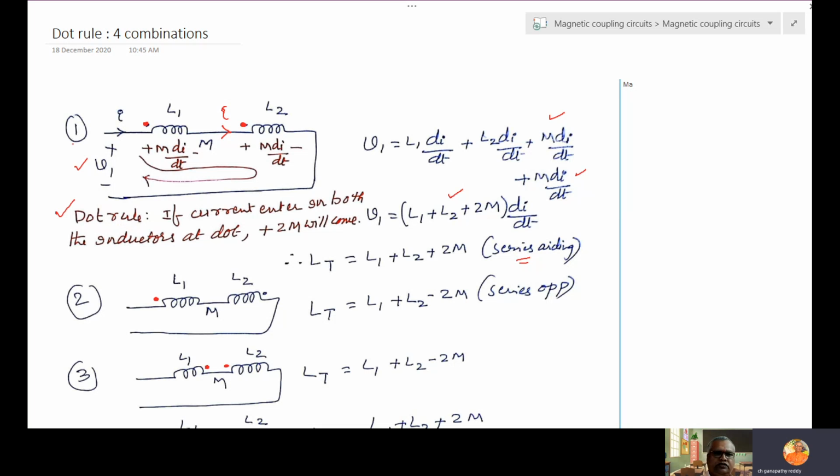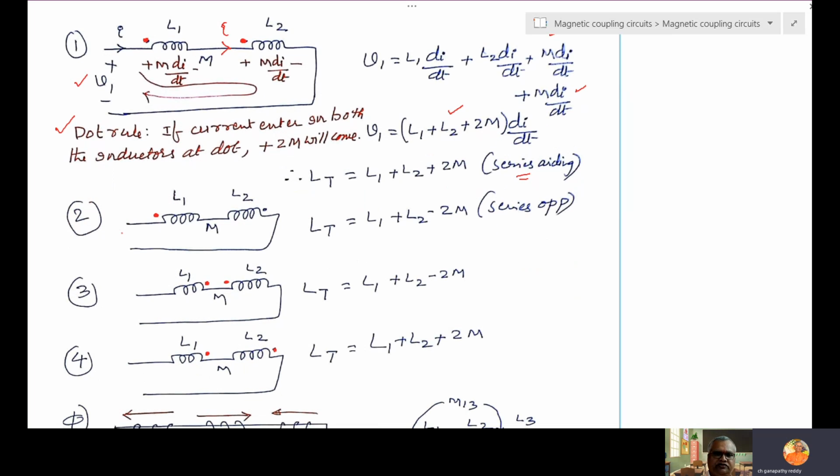So the current I entering at dot, here also entering at dot, is plus. Second case, entering at dot, entering at undotted, so minus. Third case, entering at undotted but entering at dotted, again minus. Here entering at undotted, again entering at undotted, therefore plus.